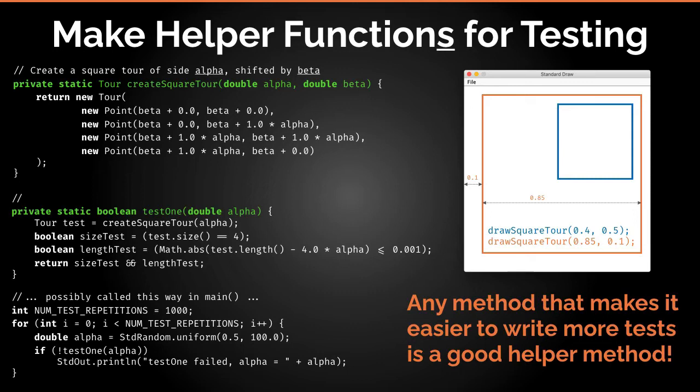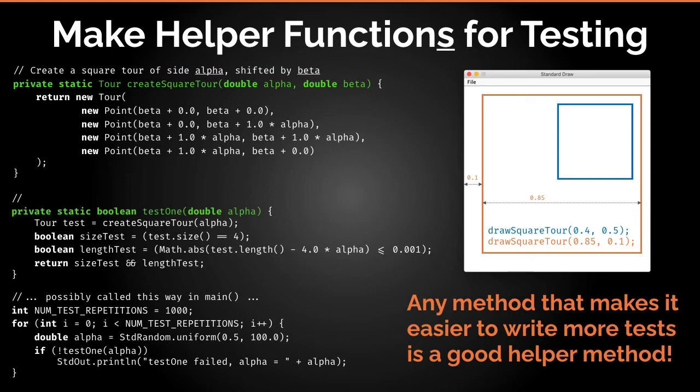Inside of my code, I just have the constructor with 4 points, and as you can see, I use beta and alpha to compute the points that I want to have here. So I've given you 2 examples here. Draw square 0.8, 0.1, so that's a big square with just 0.1 of margin. And then a smaller square, draw 0.4, 0.5, that has this 0.4 margin and is smaller in half of the plane.